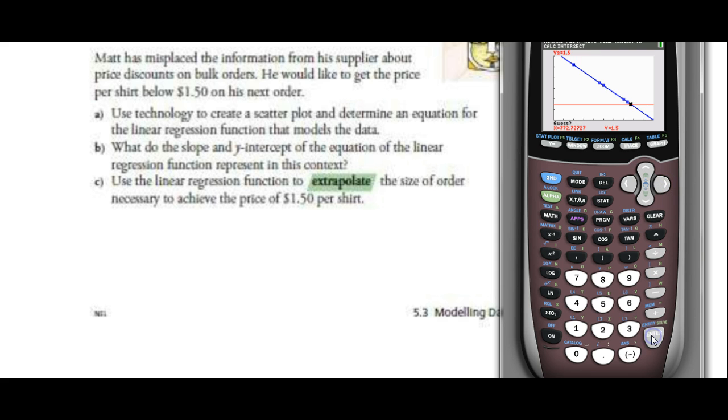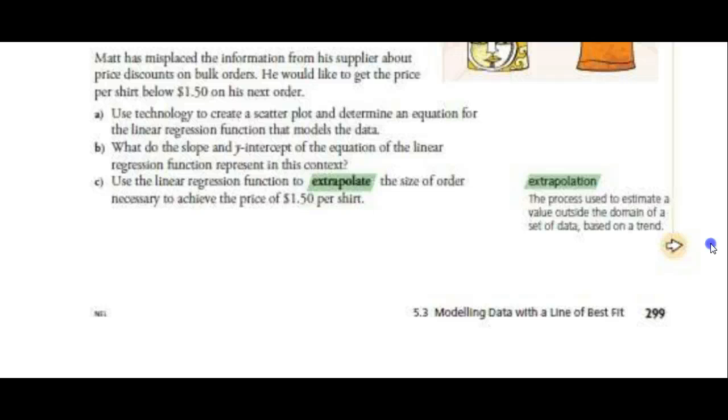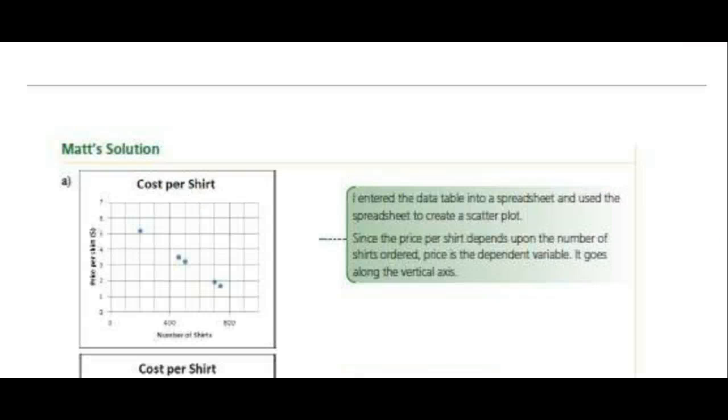Okay, 1, 2, 3. 769.23 shirts. So probably 769 shirts, you'd get that price, right? Maybe you'd have to go to 770, right? But you'd have to go to the next higher number of shirts in order to get that price.